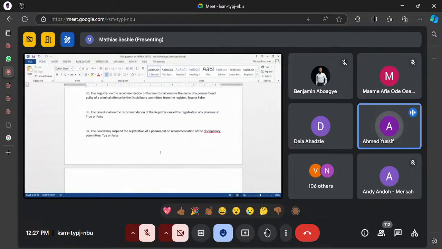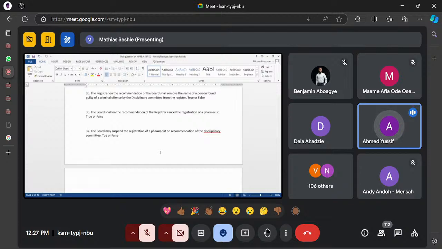Once you commit a criminal offense, you can be cancelled from the register. Or sometimes they can give you a fine to pay. And if you are not able to pay the fine too, you can serve a term of imprisonment, and that also amounts to cancellation.